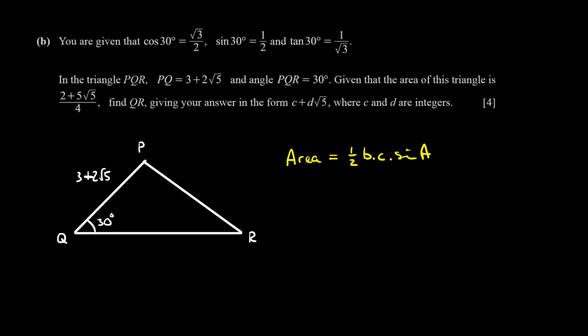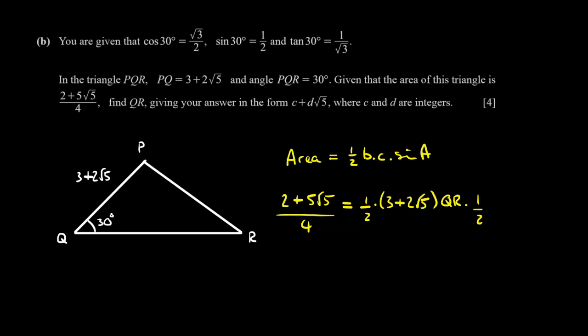So our area, (2 plus 5 root 5) divided by 4, is equal to a half times (3 plus 2 root 5) times c, which is the thing that we're trying to find. In this case, that is the length QR. Times the sine of A, and sine 30 degrees is a half, so we can just write a half there.